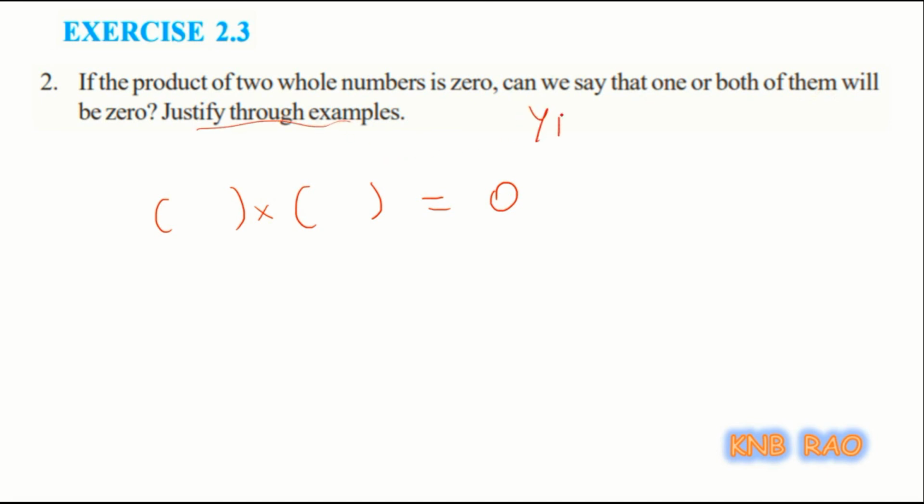Yes, it is obviously true. Just now you have seen 0 into 0, both of them are zeros, their product is 0. Even if any one of them is 0, it gives the product as 0. So with these examples we can justify our answer yes.